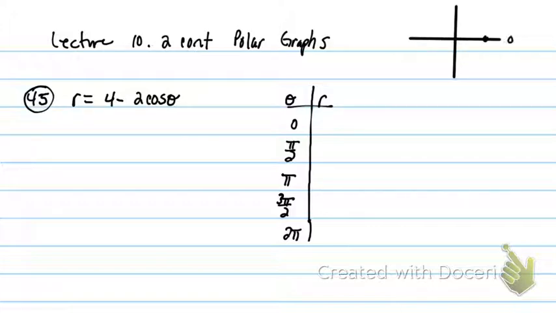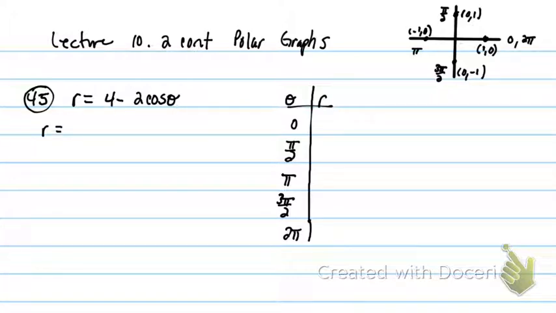So this is 0 and 2 pi, (1, 0). Pi over 2 is (0, 1), pi is (-1, 0), 3 pi over 2 is (0, -1). And we're going to plug these into the equation and get our values for r.